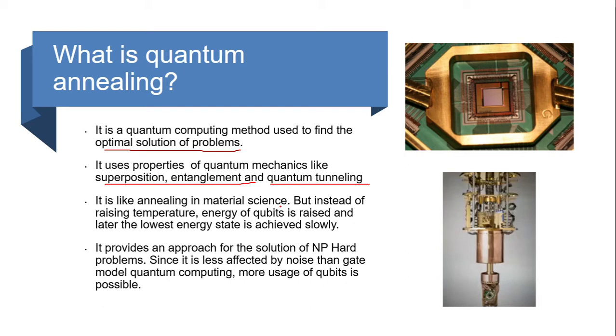Similarly here, we raise the energy of the qubit instead of temperature, and then program it such that the qubits settle at the lowest energy state, giving you the answer. It provides an approach for the solution of NP hard problems. Since it is less affected by noise than gate model quantum computing, more qubits can be used. That's why 5,000 qubit computers are available today using this technology.